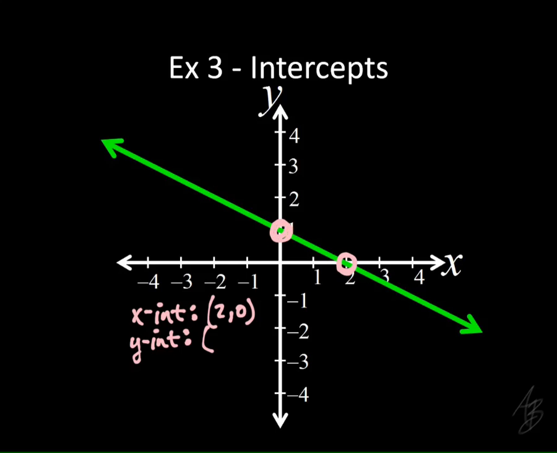That's where it crosses the y-axis, so that's at positive 1. So is that (1, 0)? No. It's going to be (0, 1), right? Since it's on the y-axis, we didn't go left or right from the origin, so that's an x value of 0, and then we go up to positive 1. So the y-intercept is going to be (0, 1).